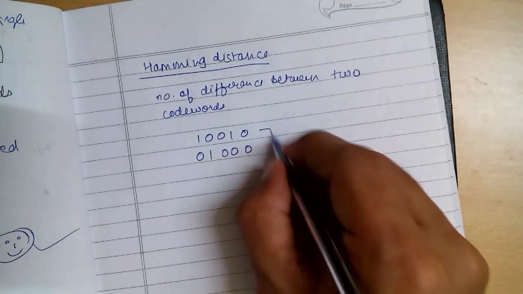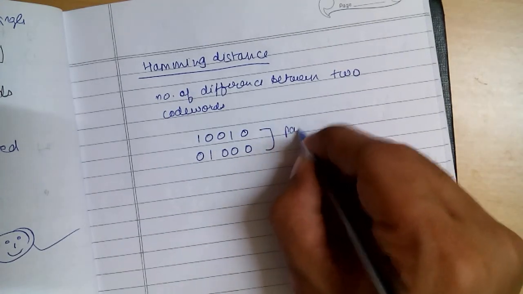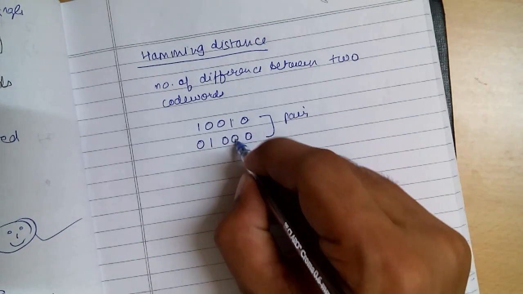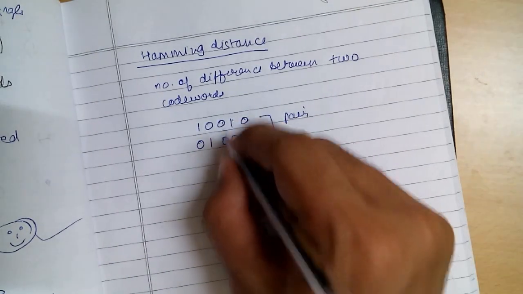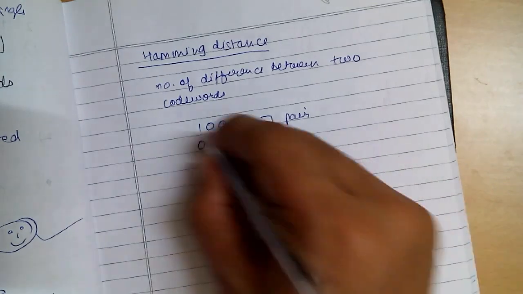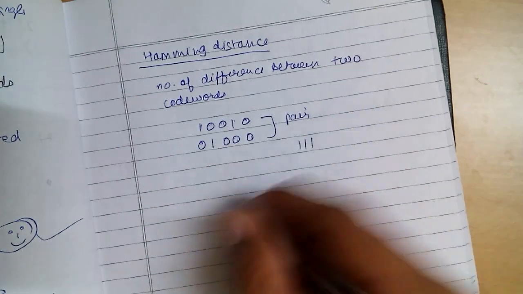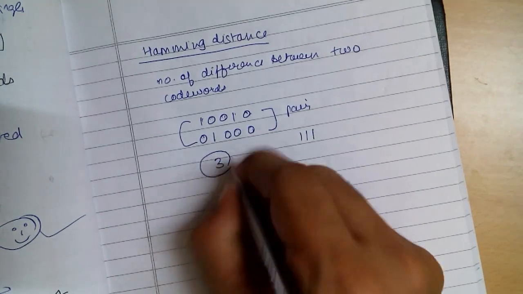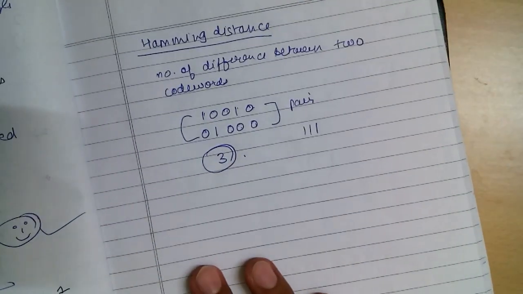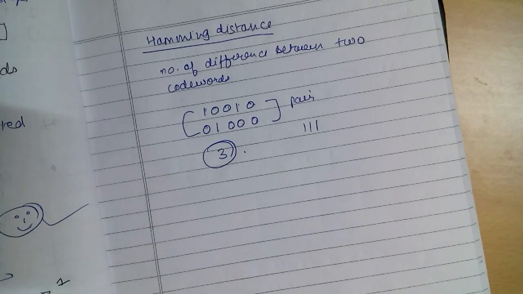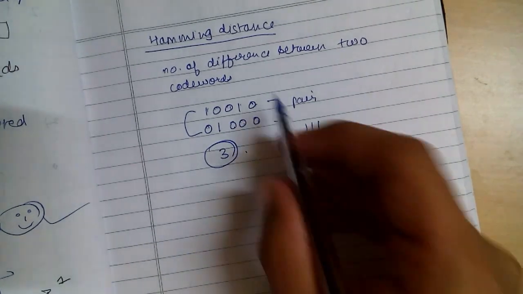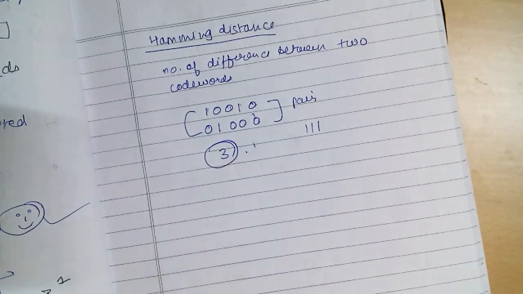So these are our given pair of code words, and the Hamming distance is, as this bit is same, this is different. So same, different, different. So the Hamming distance of this pair is 3. Hamming distance is just the difference between given code words.